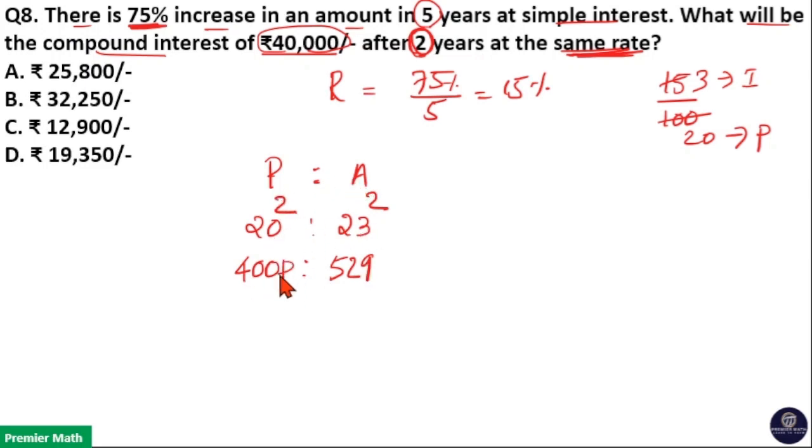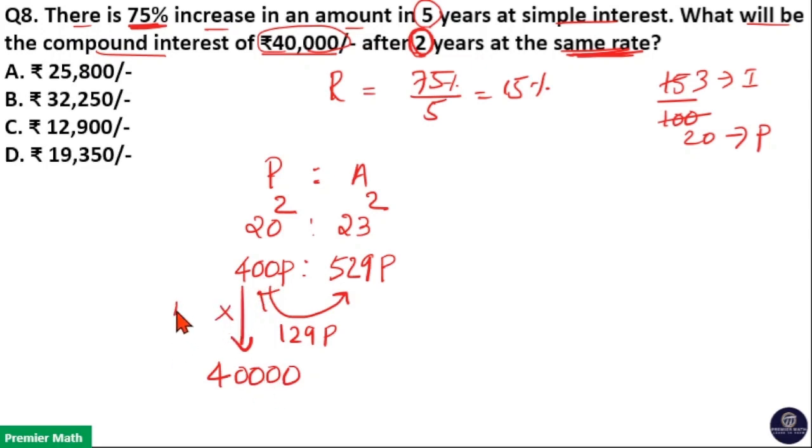So I will write it as 400 parts and 529 parts. If you take the difference between principal and amount, which is equal to 129 parts. 529 minus 400, 129 parts. Here 400 parts is equal to the principal, that is 40,000. So equate 400 parts with 40,000. Now you can see 400 parts is equal to 40,000 means 400 into 100 is 40,000.